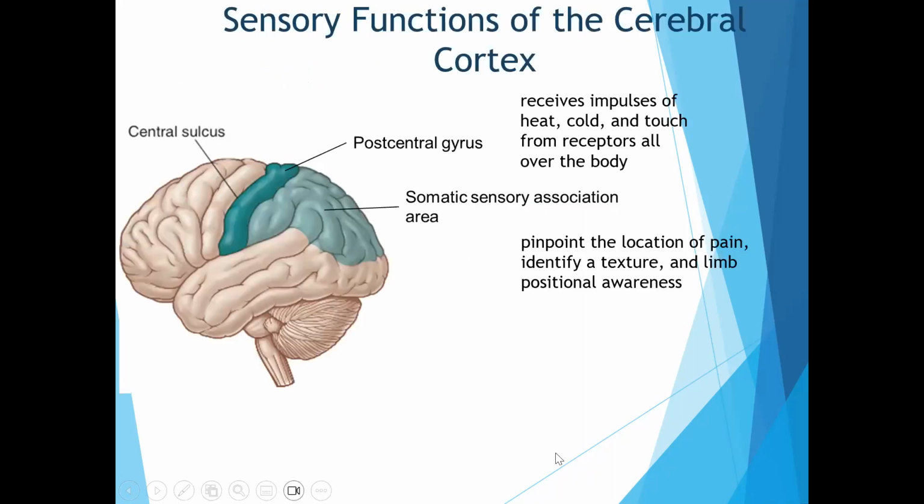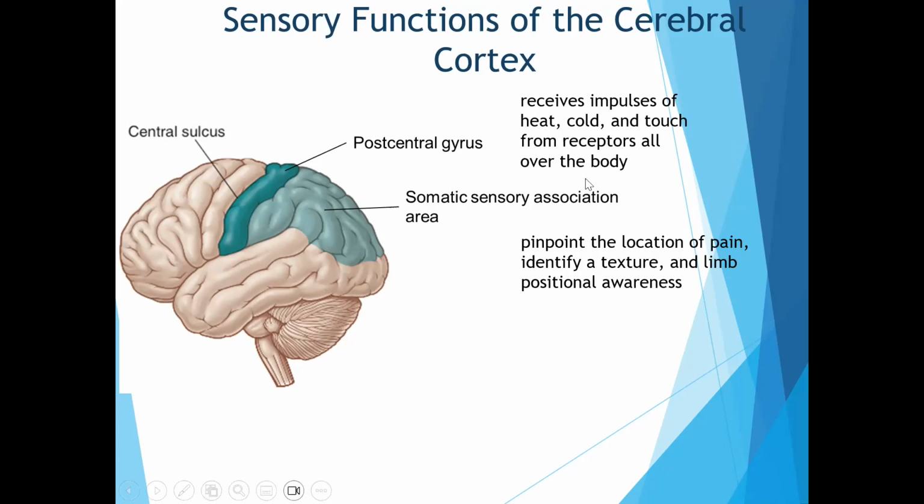Okay, we're going to talk about the sensory functions. So remember, this is contained primarily in our parietal lobe. So we have our postcentral gyrus. That's our primary somatic sensory area. So it gets a lot of our impulses of hot and cold, light touch, kind of from everywhere.